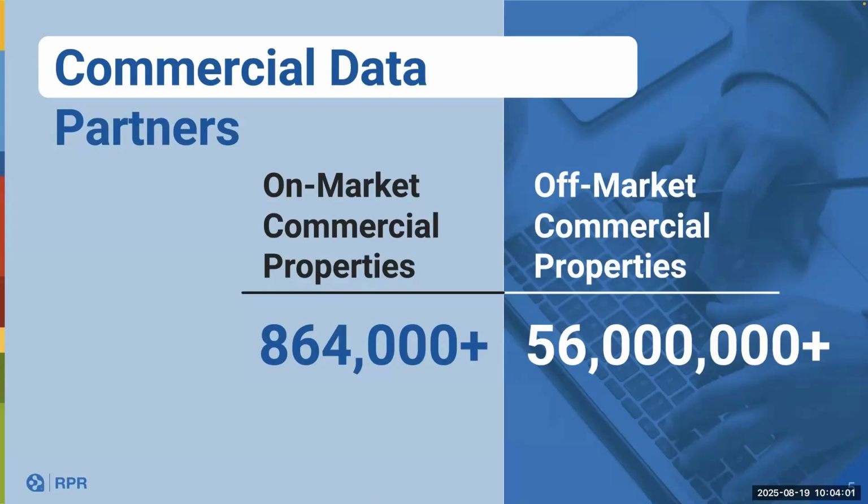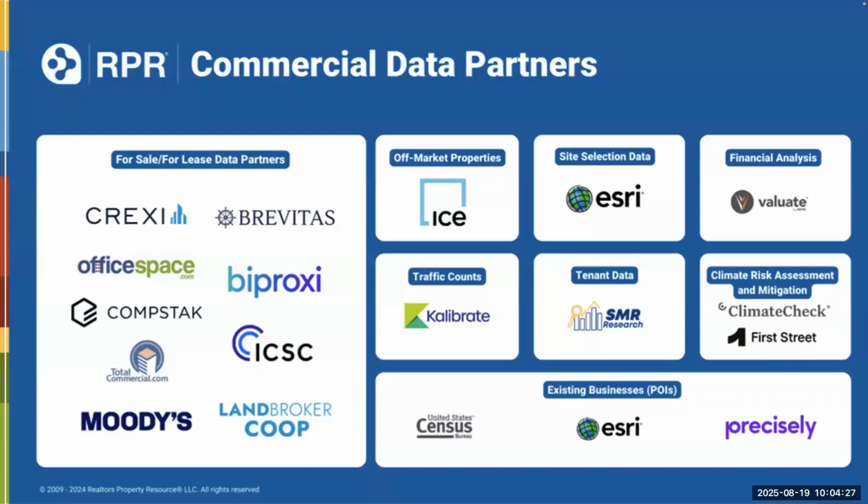And then through our commercial partnerships, we have almost 900,000 active and lease properties that are available, and you commercial practitioners have access to those on-market properties from coast to coast.